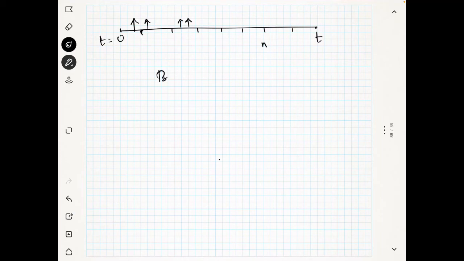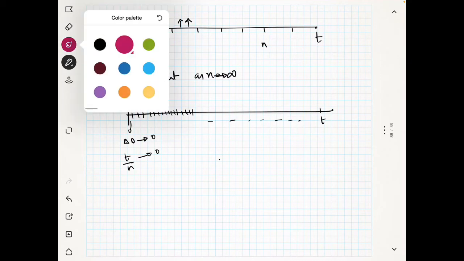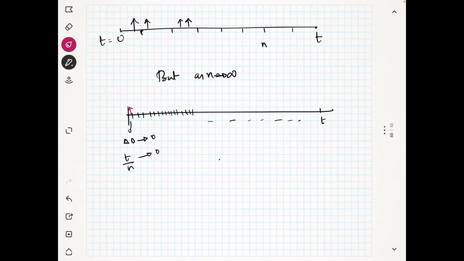But as n tends to infinity, we will get very close points. That means delta d, the block duration, t by n, tends to 0. Like this it will proceed. Then you can see there is only one arrival in this duration.